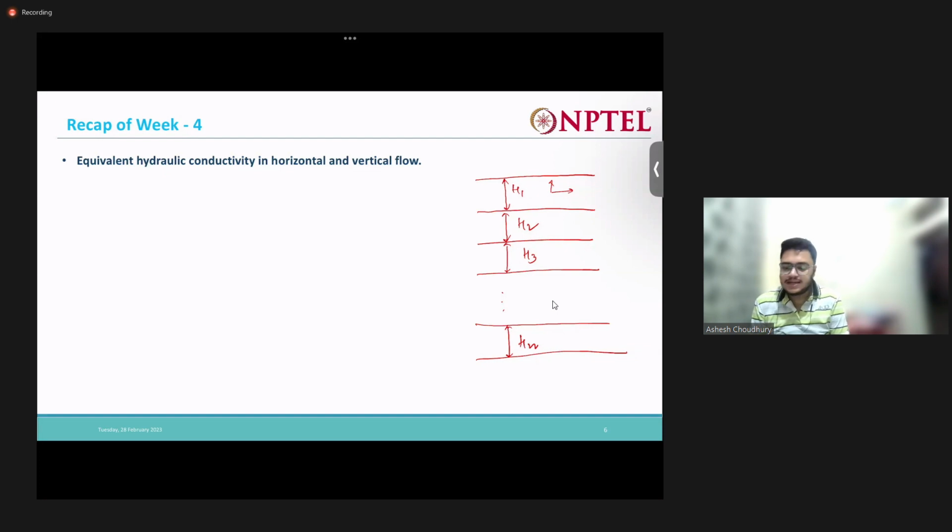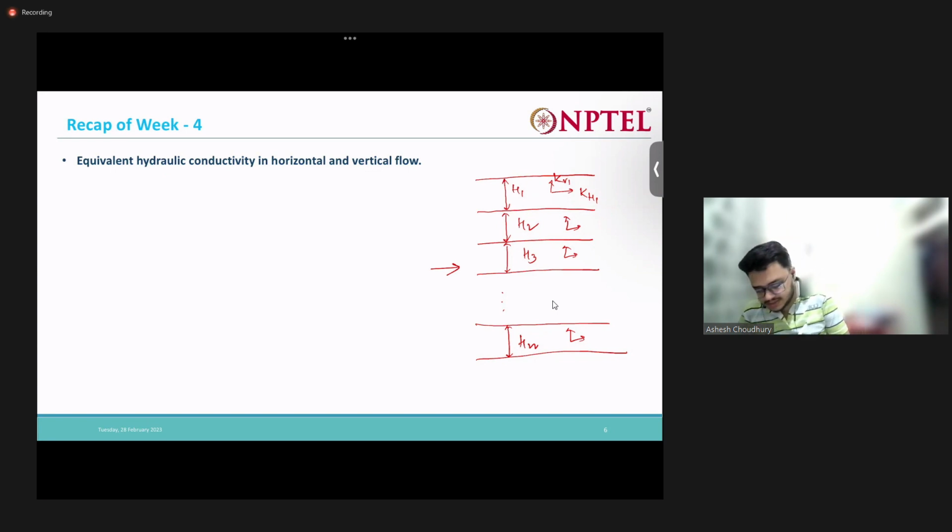In horizontal they have one value of hydraulic conductivity, in vertical another. This is kh1, kv1, and similarly for all the others we have different values in both directions. Now say my direction of flow is horizontal, my water is flowing in this direction.